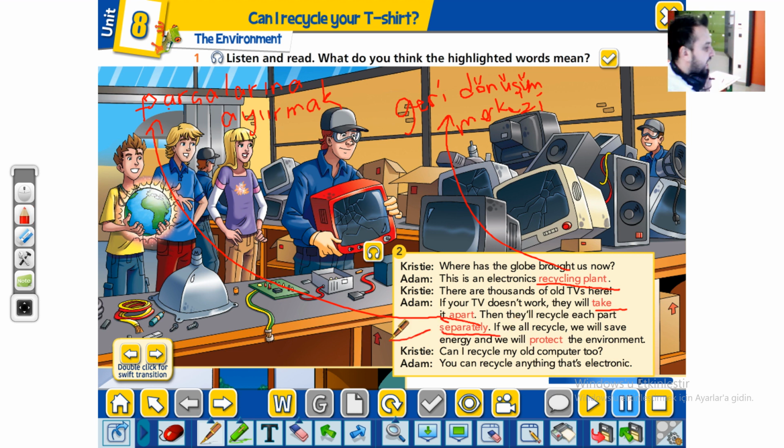Separately burada zarf olarak kullanılmış, ayrı ayrı anlamında. And protect. Protect means save something from danger. Yani korumak anlamında kullanılmış. Protect the environment. Environment da zaten çevre demekti. Çevreyi korumak olarak kullanılmış. Protect, korumak. Let's continue listening.